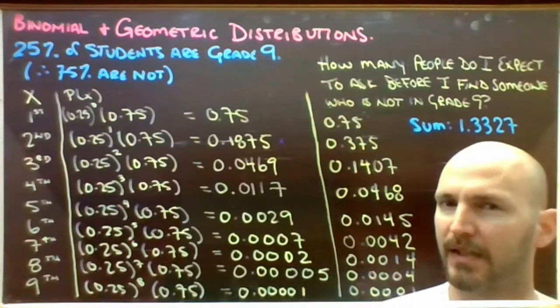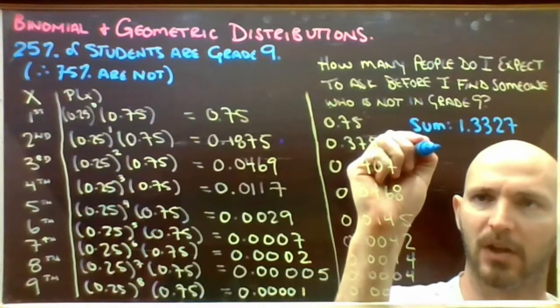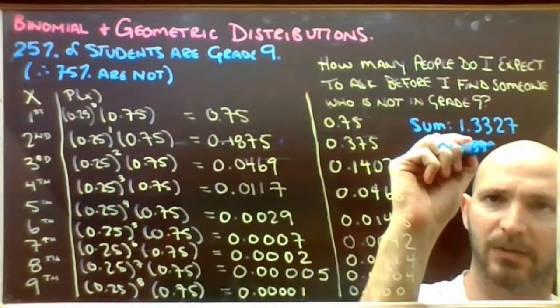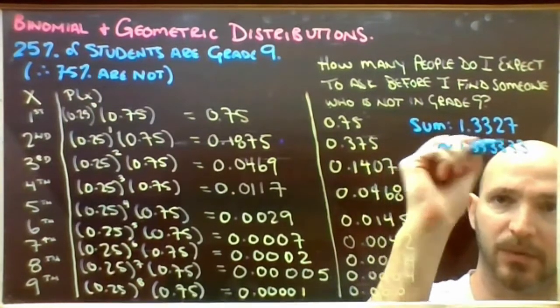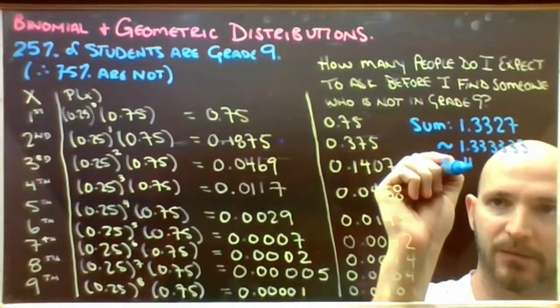Now that's a funny number, 1.33. That's awfully close to 1.333333 repeated, which happens to be 4/3.